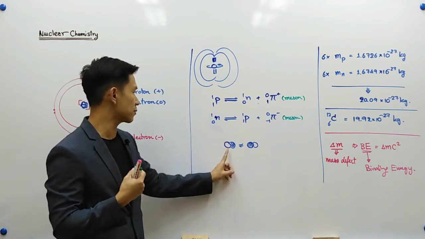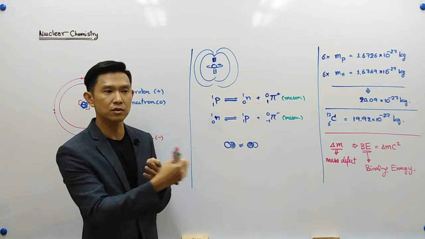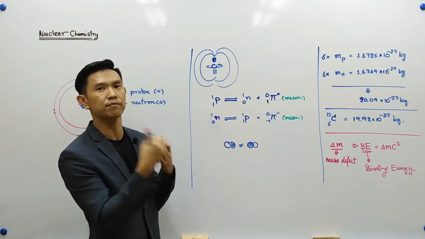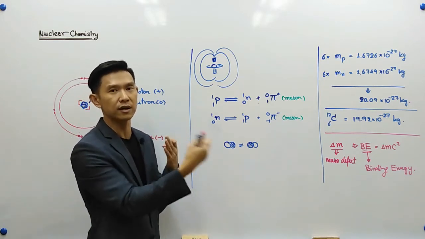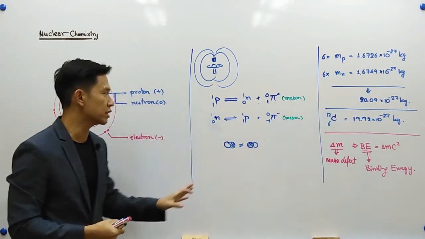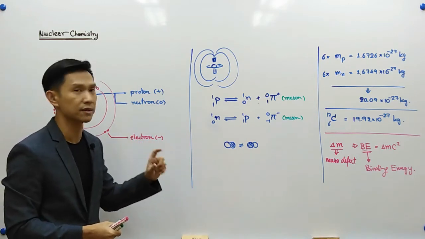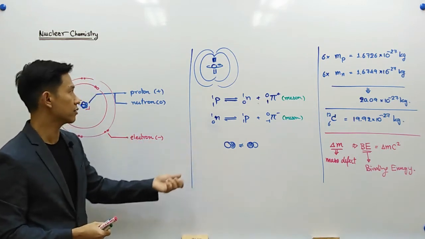Instead of the positive charge being here, it can swap places, moving the positive charge from one place to another. It's like a resonance effect. So it reduces the electrostatic force, I would say the electrostatic potential energy, in the nucleus.